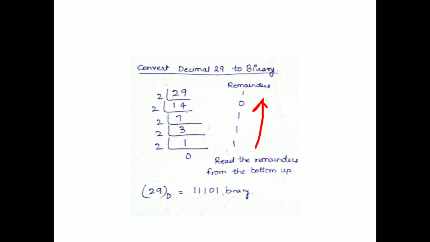Next, when you divide 14 by 2, we get the next integer as 7 and the remainder is 0. Again when you divide 7 by 2, you get the remainder 1, because 2 threes are 6 and remainder 1. Again when you divide 3 by 2, you get remainder 1. Likewise, you will get 1 1 1 0 1, which is nothing but the binary equivalent of 29.